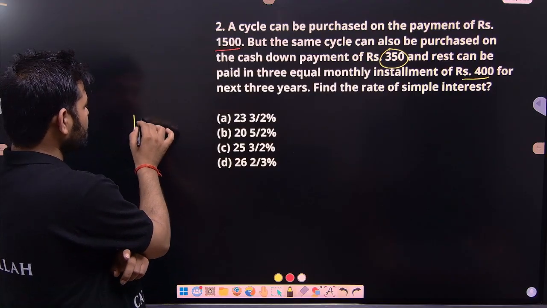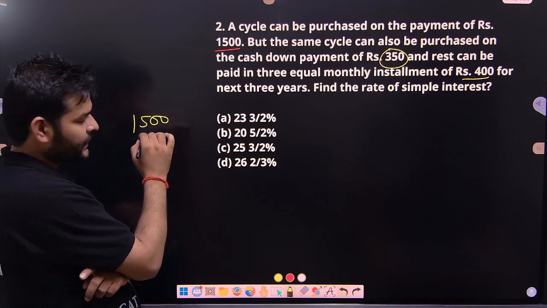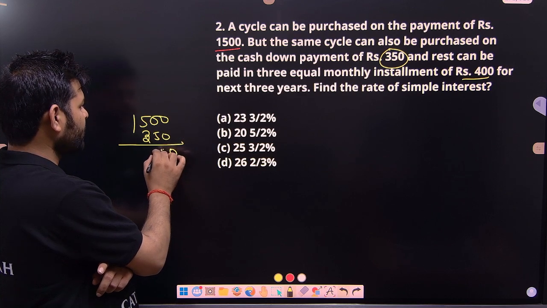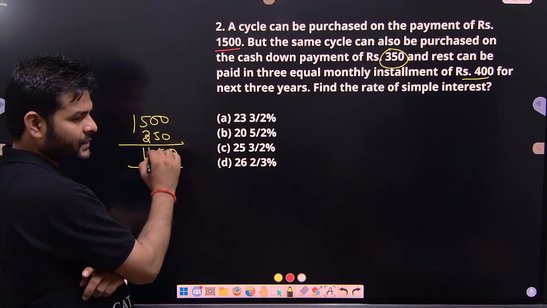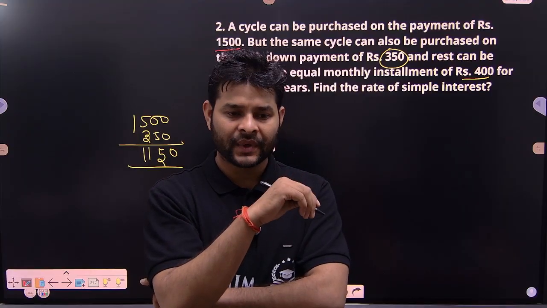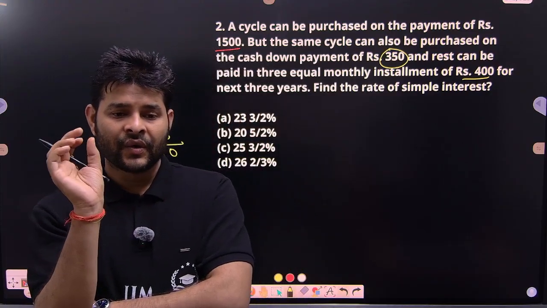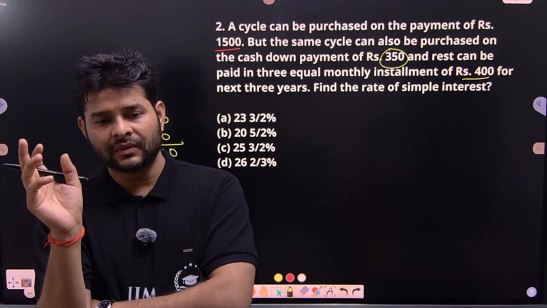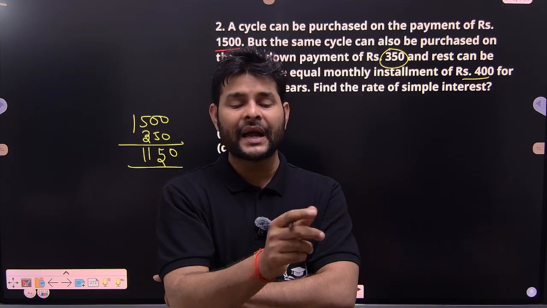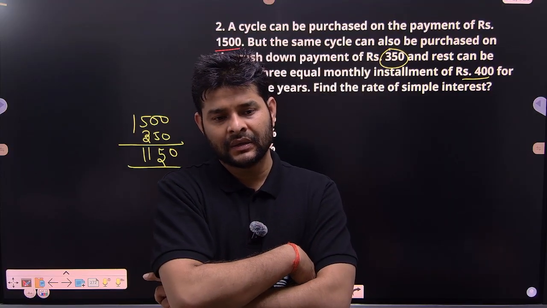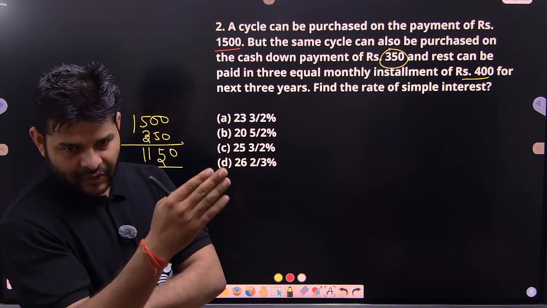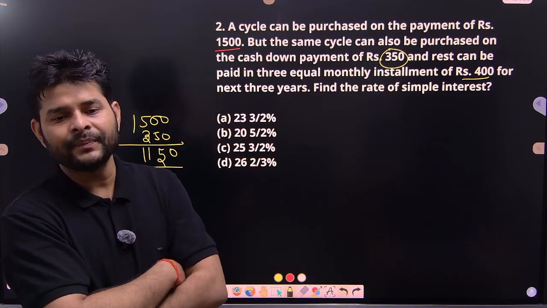So guys, total cost is 1500 and the cash down payment is rupees 350. So the rest payment would be 1150. I had to pay 1150. But how much am I paying? In 3 equal installments of 400, I am paying 1200, but I had to pay 1150.